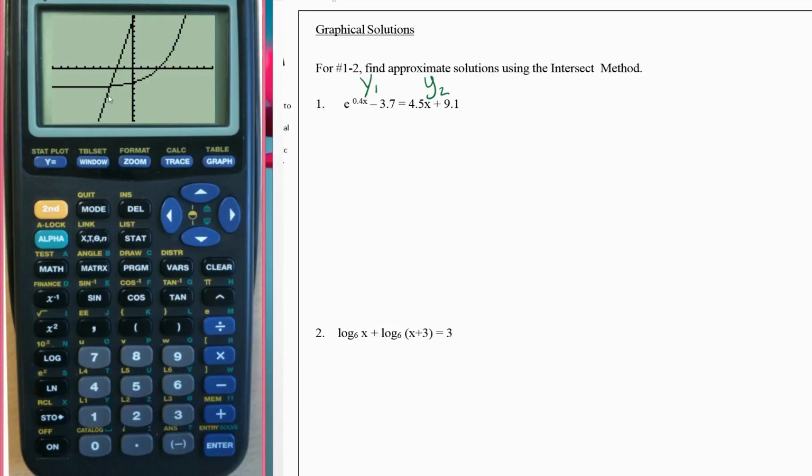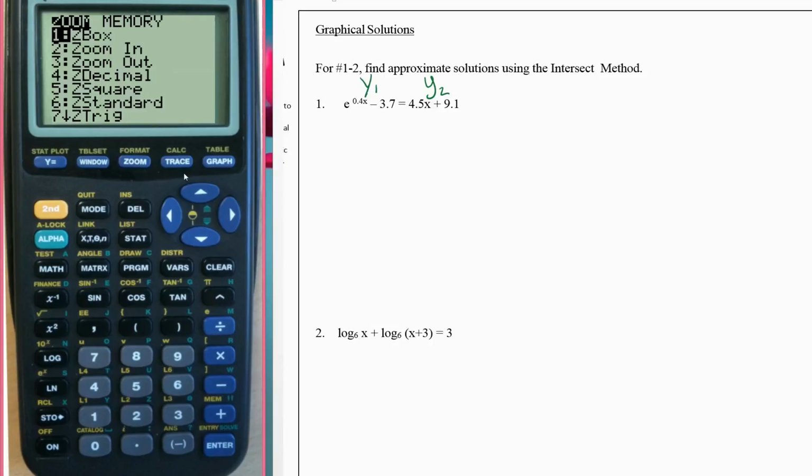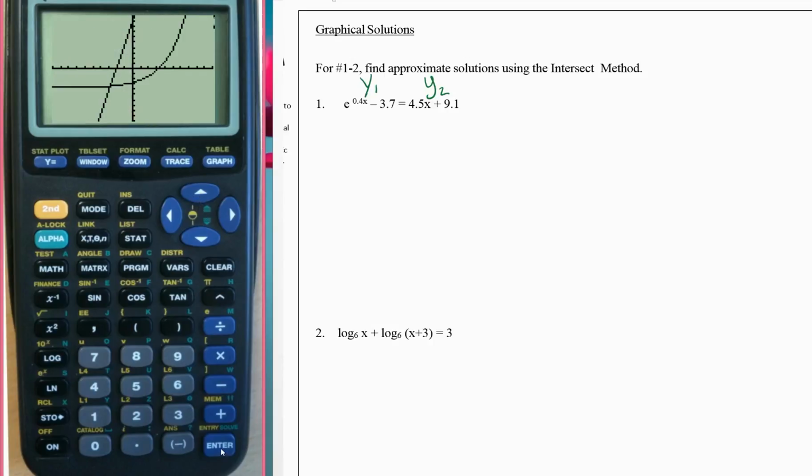Now we see there is one solution here. There might be one out further, so I'm actually going to hit zoom fit and see if we see any that are out further. So there's our exponential equation, and here's our line.